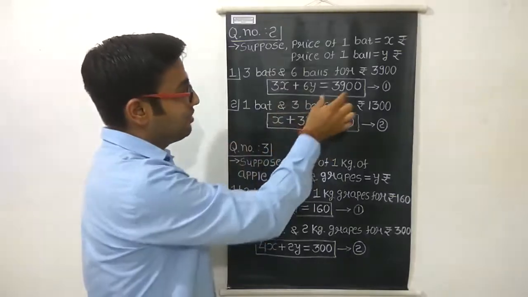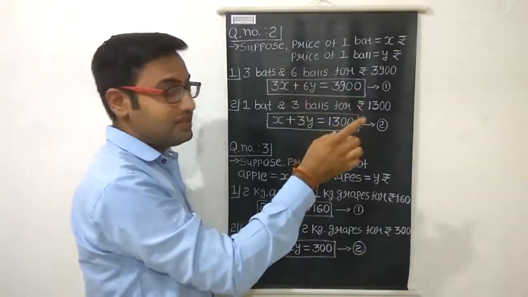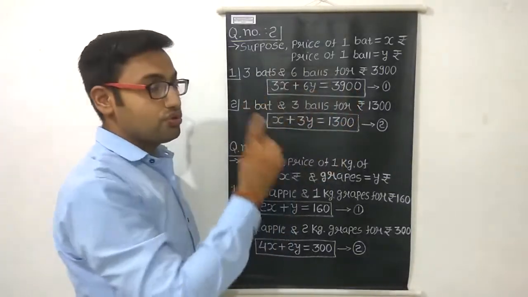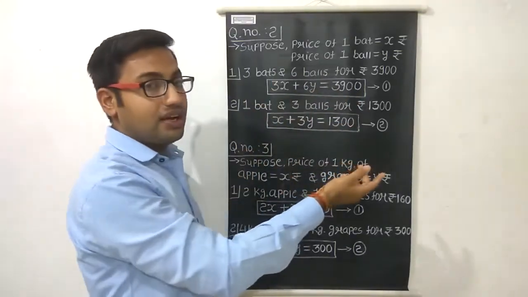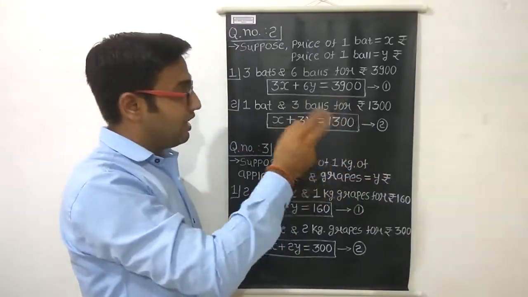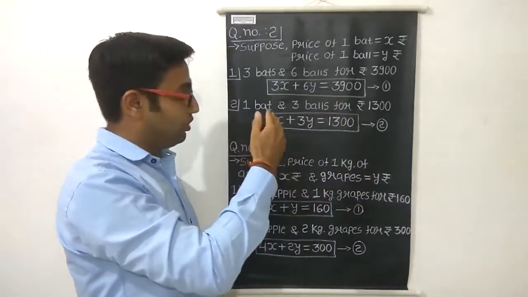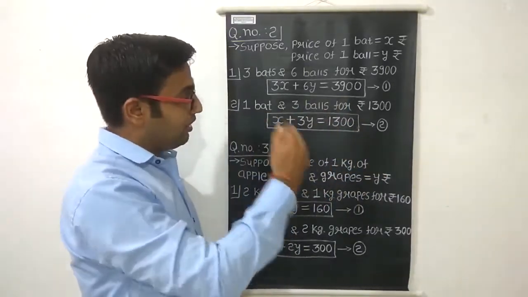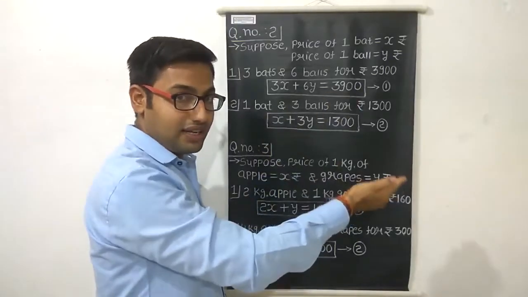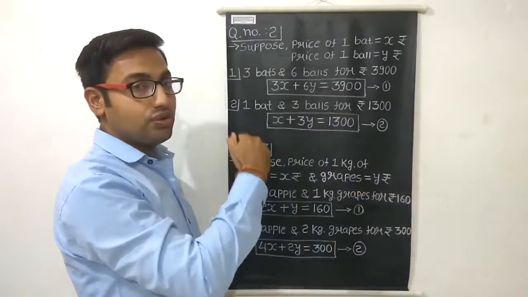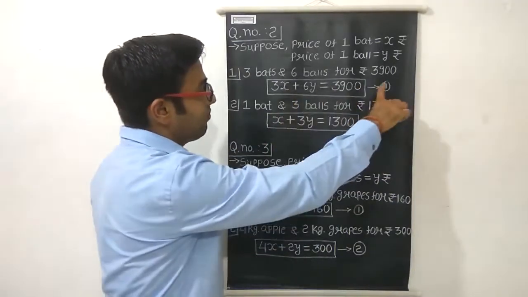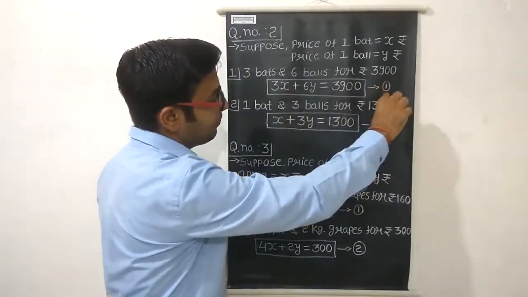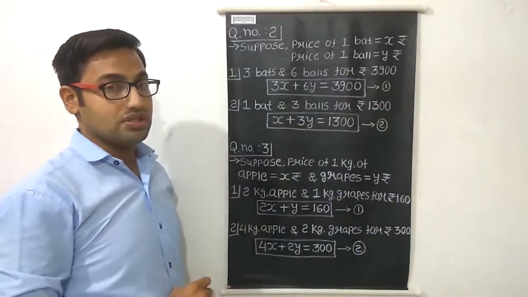It means if on this side you have taken rupees, then on this side you also have to take rupees. If on the right hand side you have taken speed, then on the left hand side you have to take speed. If you have taken time on the right hand side, then the left hand side should also be time. So this is the algebraic representation of both the situations.